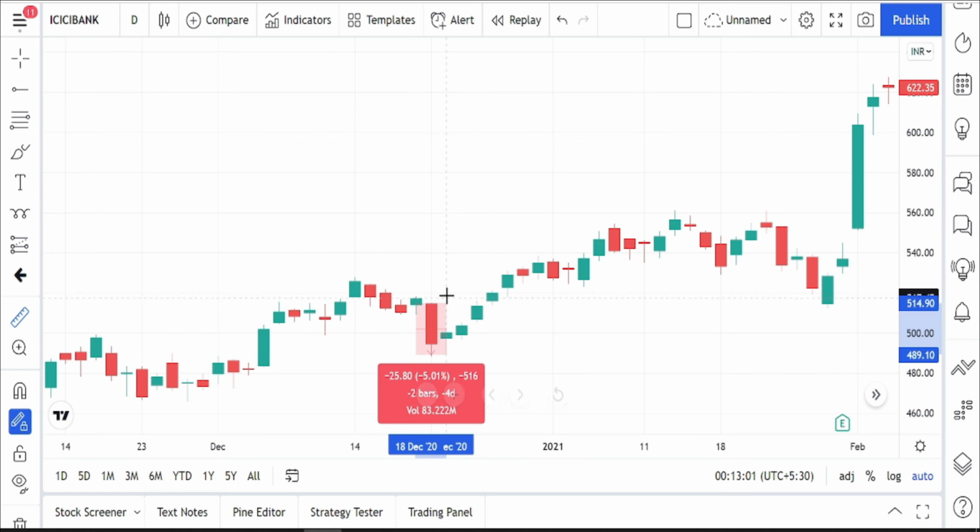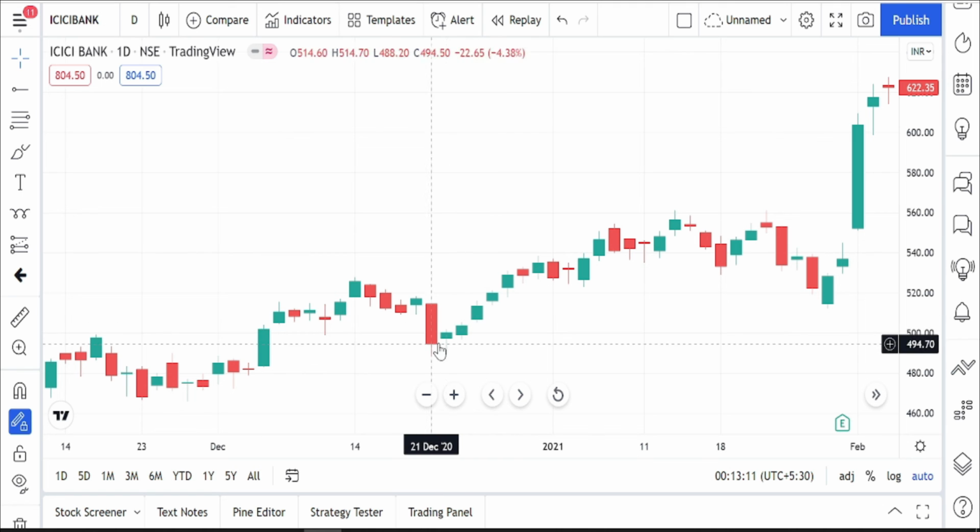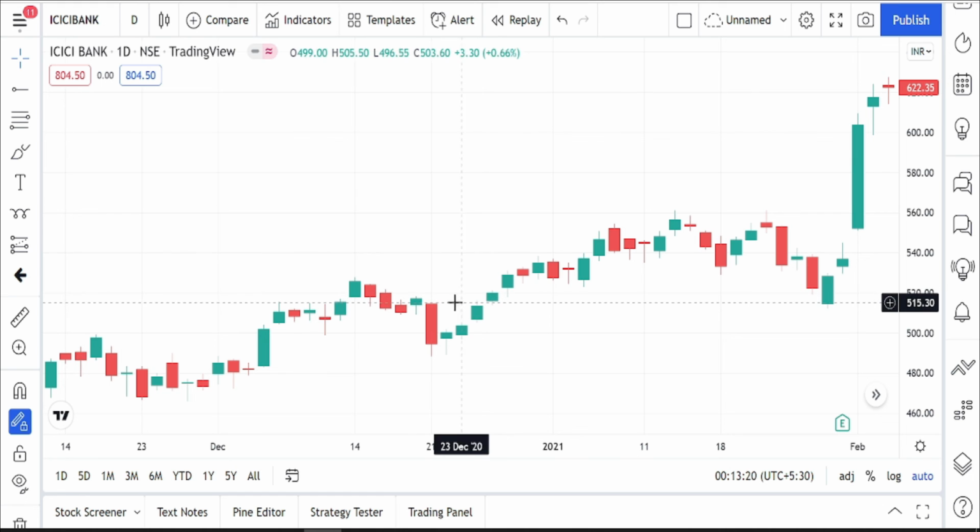Now if I trade based on this bearish Marubozu candle, my target should be around 10% towards the downside. But what actually happened in the next trading sessions? There is a trend reversal, right? If I take the trade, my SL is the high of the candle, so it will definitely hit my SL.